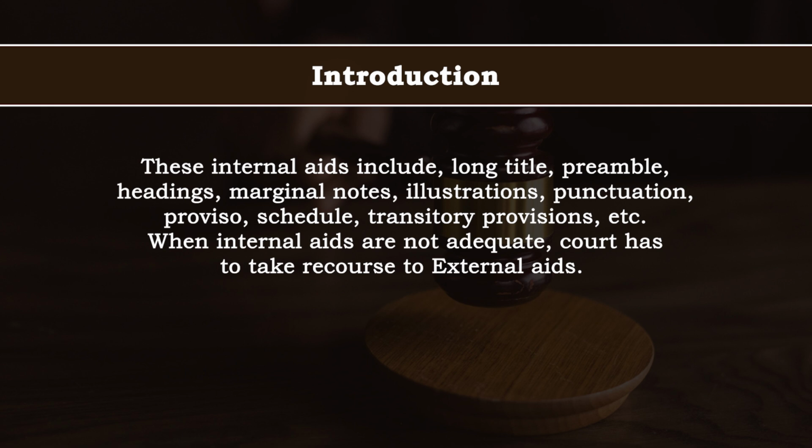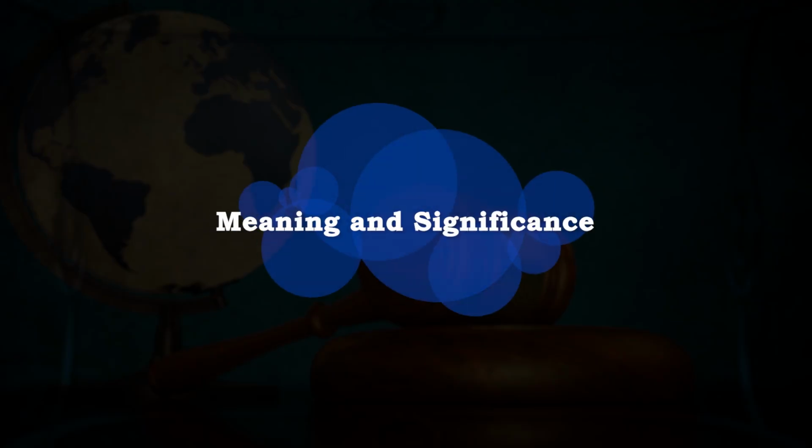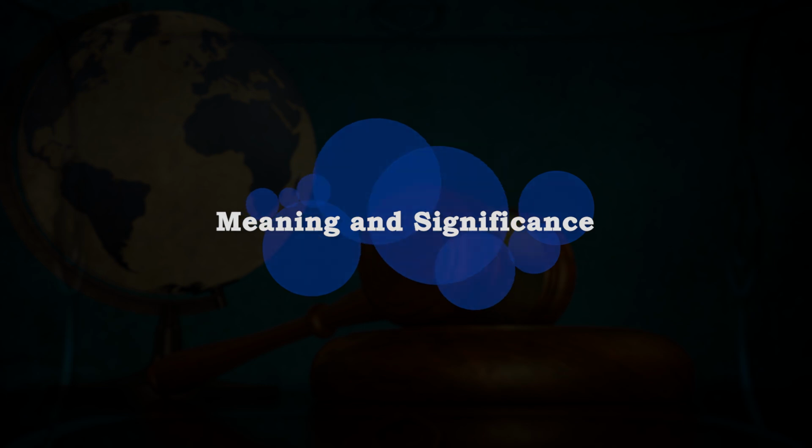When the internal aids are not adequate, court has to take recourse to external aids. External aids may be parliamentary material, historical backgrounds, reports of a committee or any commission, any official statement, dictionary meanings or any foreign decisions.